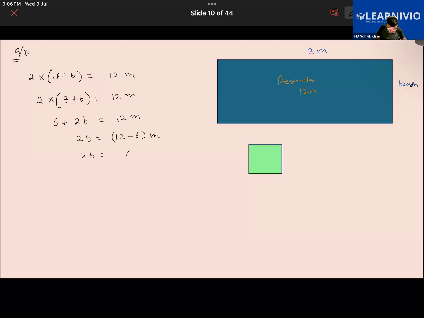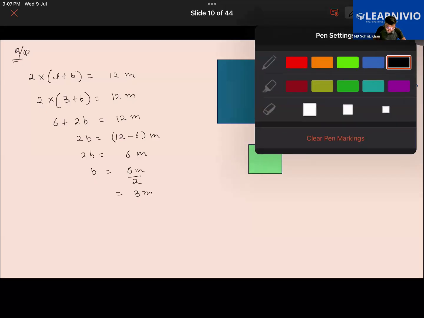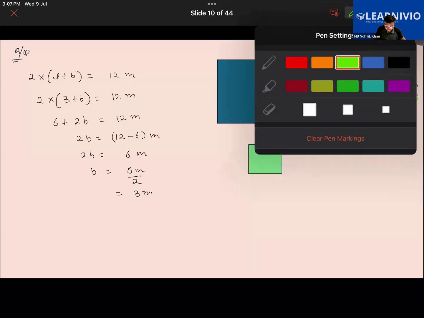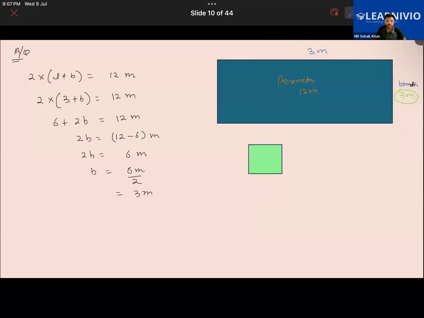So 2b equals 6 meter, and hence b is equal to 6 meter divided by 2, which equals 3 meters. The same value you guys have got. So that is good.